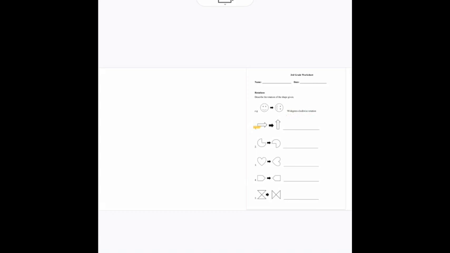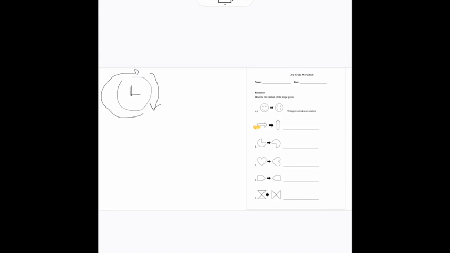So when you say clockwise, we look at a clock and it goes this way, right? Like this way, right? So that would be clockwise.